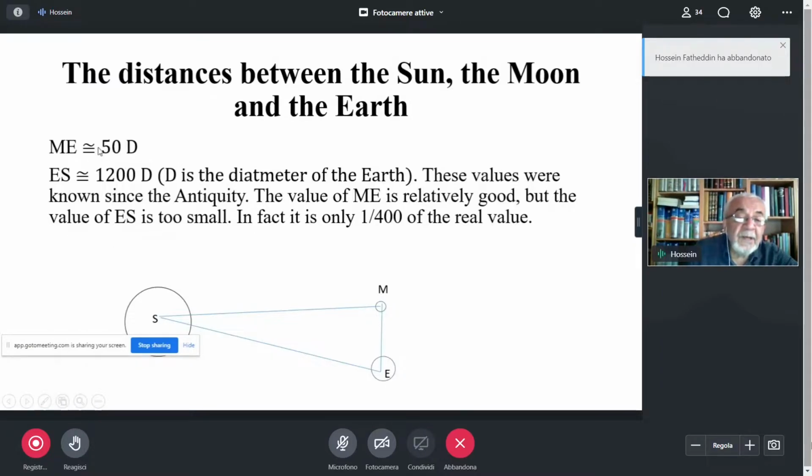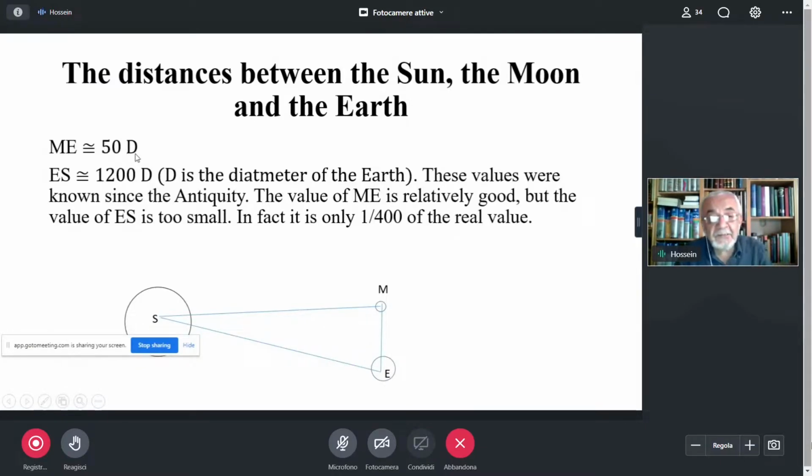So Ibn al-Haytham gives the figure 50d for ME, that is, the distance between the moon and the earth is 50 times the diameter of the earth, which is not bad at all. It is the mean distance, because the distance between the moon and the earth is very variable in ancient astronomy.